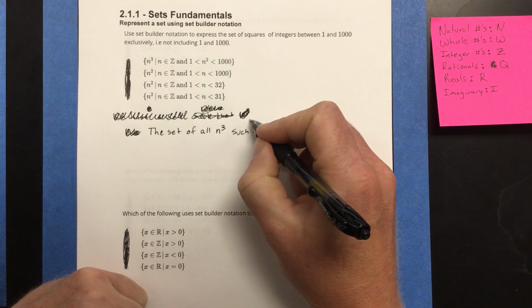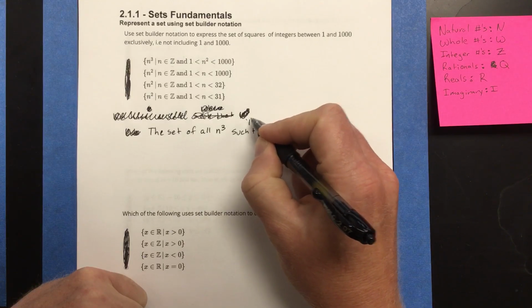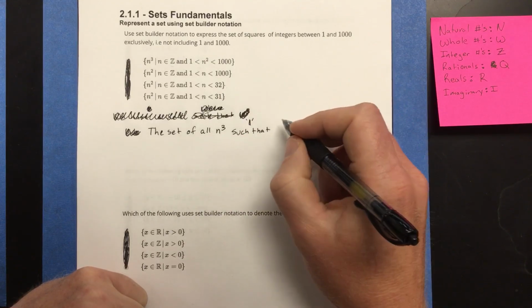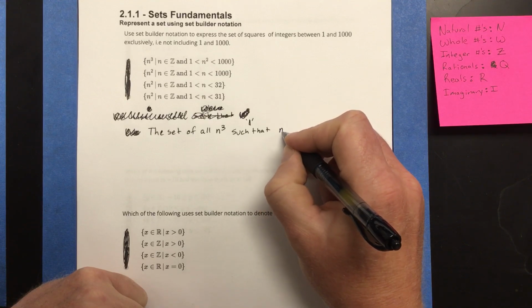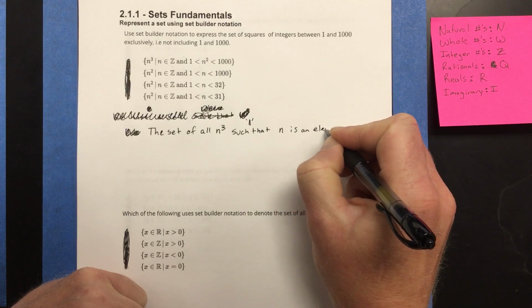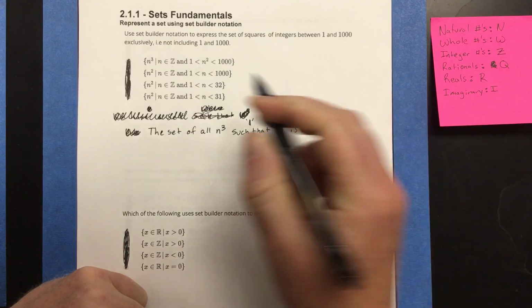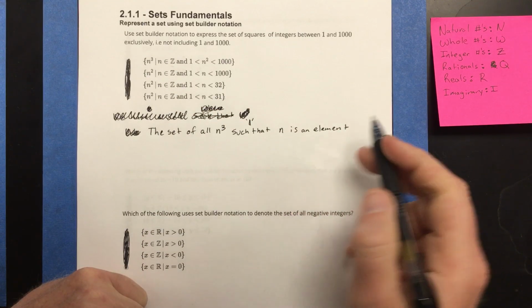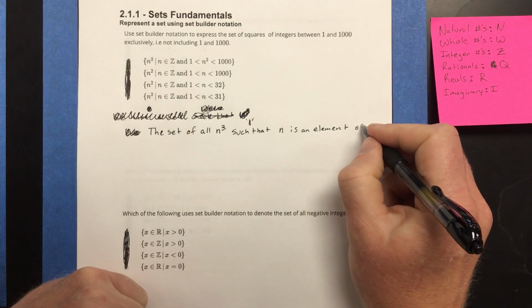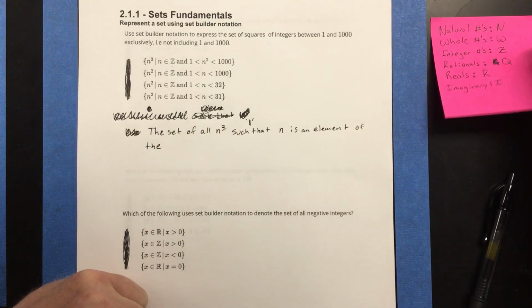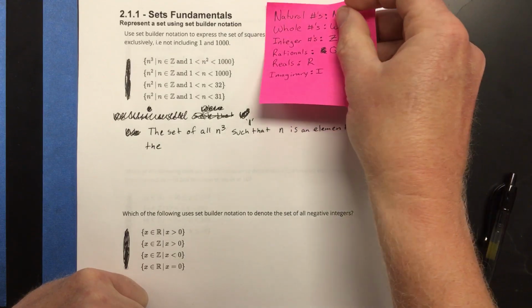I'm just going to draw that vertical line here. Such that n is an element. This weird looking E means is an element of the set. Now I'm going to write these up here.